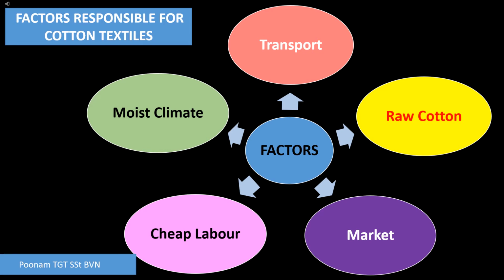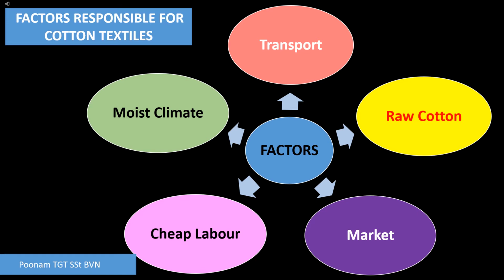The cotton textile industry is concentrated in the cotton growing belt, mainly in Gujarat and Maharashtra, due to the following reasons. Point number 1. Due to the availability of raw material and favorable climate like the humid and frost-free climate, production of cotton is done on a large scale. Capital is also required for the production of the textile industry.